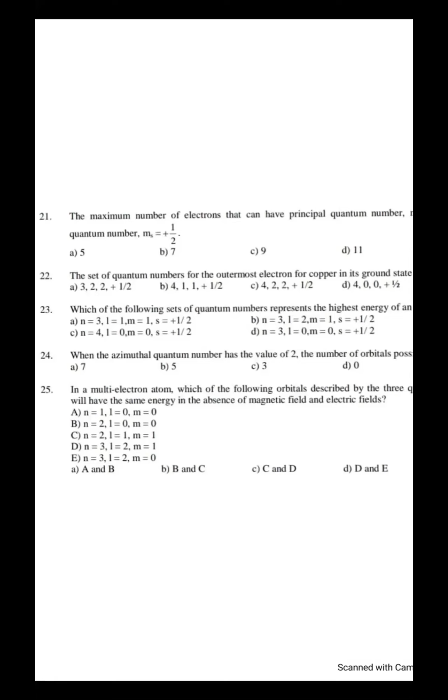No issue, because in copper it's 4s1 with one electron, so you take plus half. If the option had minus half, then also there would be no problem; that would be a correct answer also. Oh, so it can be minus half. Yes. Okay, I thought you always fill plus half. No, it is not like that. Okay, thank you, sir.